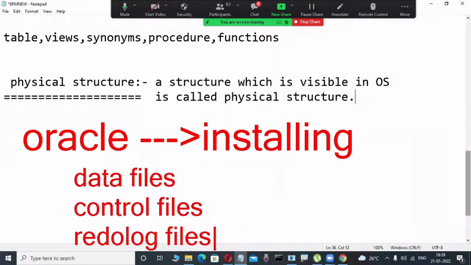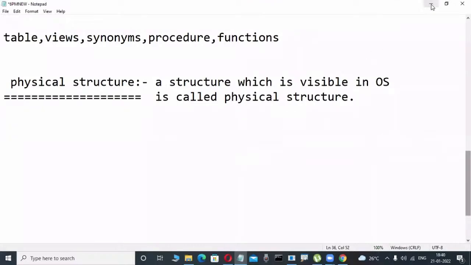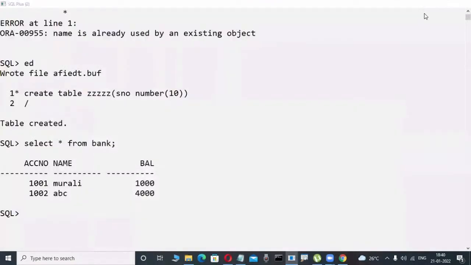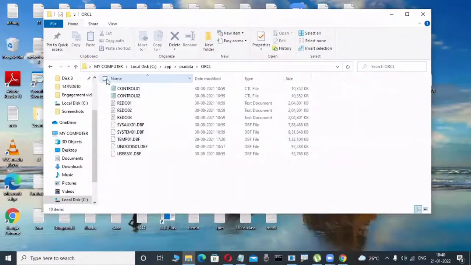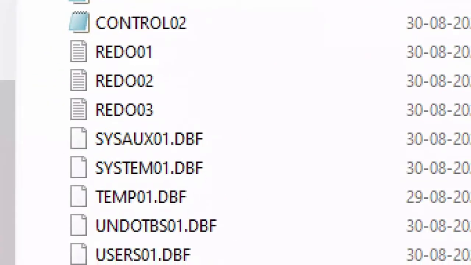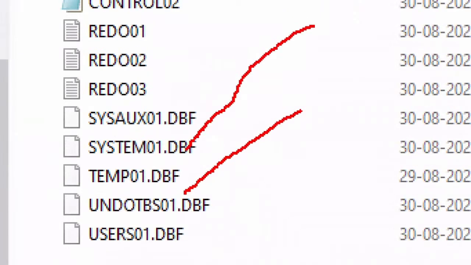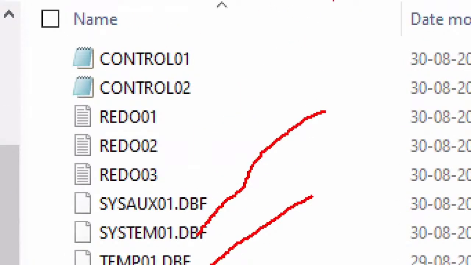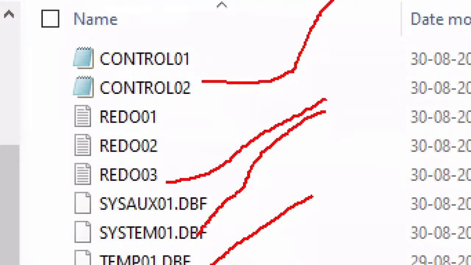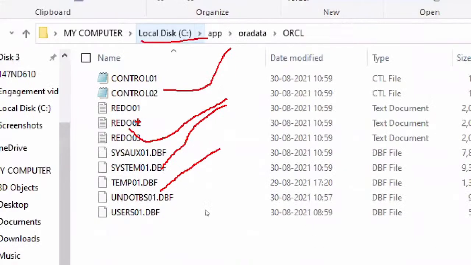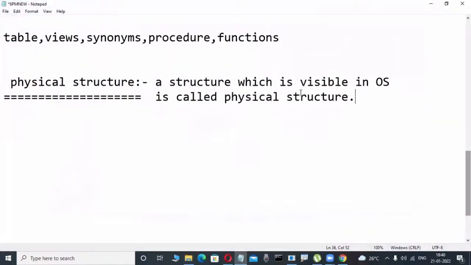Whenever I'm installing Oracle software, automatically some files are created in the disk, in C drive, D drive. These are data files, .dbf files. You don't have an idea now; later you'll be familiar. Here control files, redo log files. A structure which is visible in the operating system is called a physical structure.